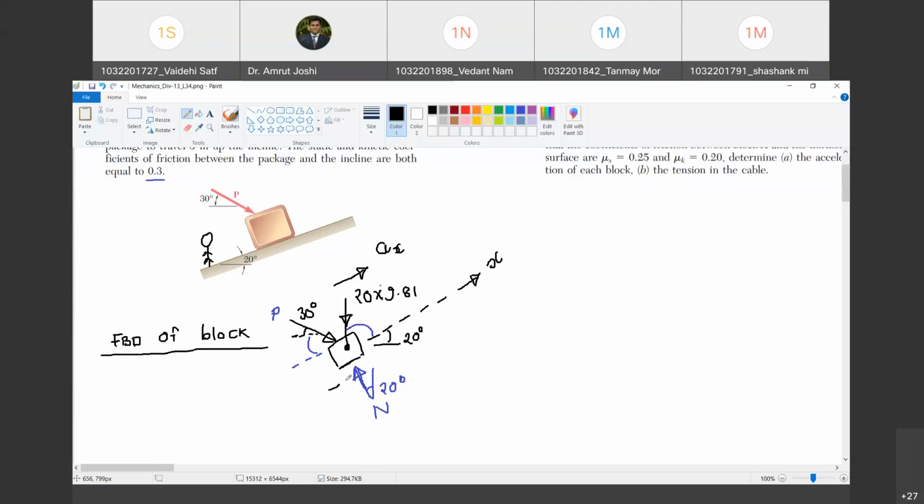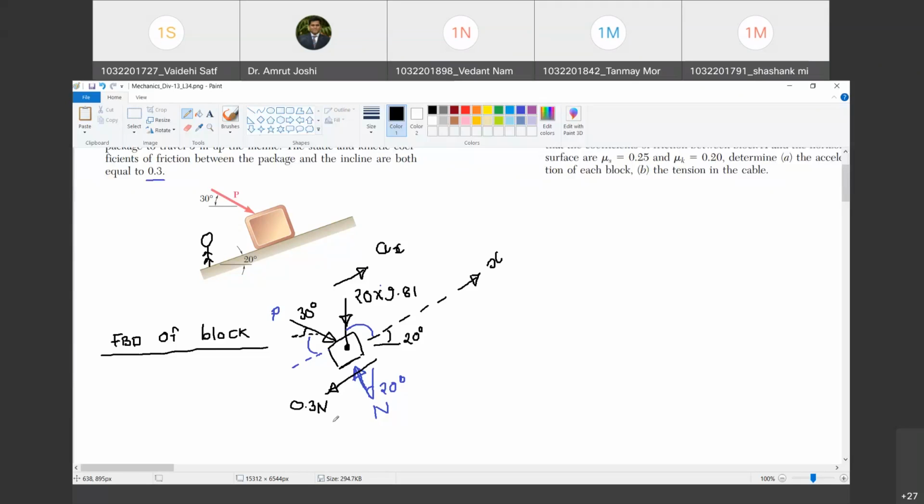Therefore, the frictional resistance must be offered in this direction, and that must be equal to 0.3 times N. Because the package is moving, that means it has already breached the maximum frictional resistance that can be offered in the state of equilibrium. It is already moving, so we are considering the coefficient of kinetic friction, which is 0.3 multiplied by N. Happy? Yes, sir.